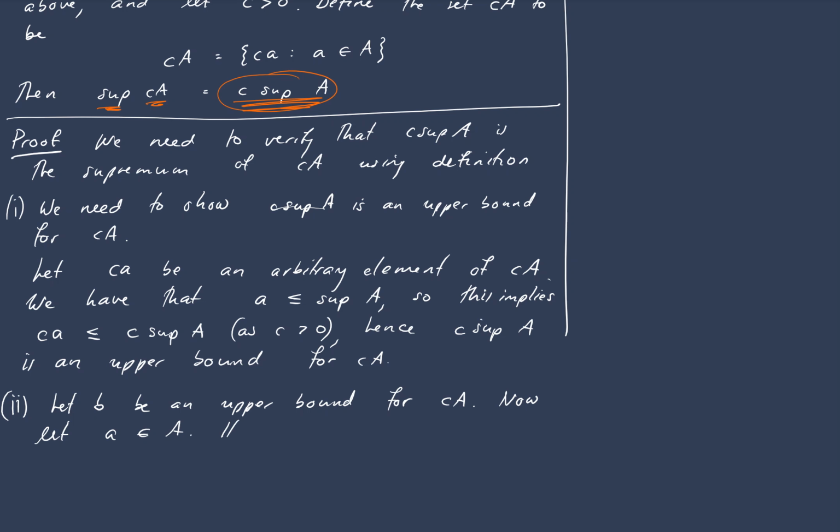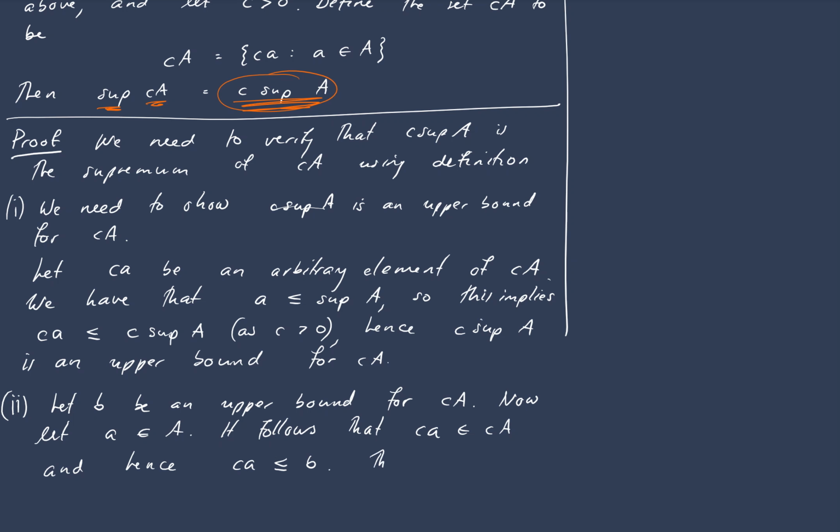Okay, so we've chosen an arbitrary element a of our set big A. It follows that ca is a member of CA by definition, and hence ca is less than or equal to this upper bound B that we chose at the start.